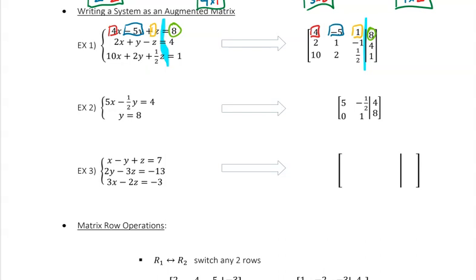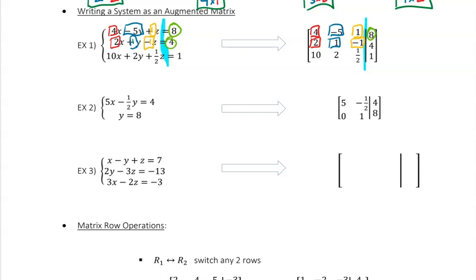From there, you just do it again for each of these equations and make a new row for each one. So again, 2, then hidden 1, another hidden 1, but this time it's negative, so it's -1.